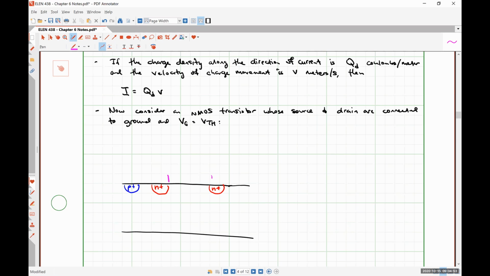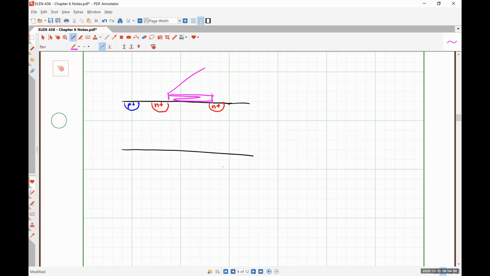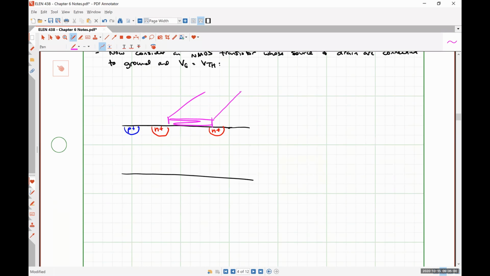Attempt to do a little bit of a 3D drawing here. So here, our body connection again.